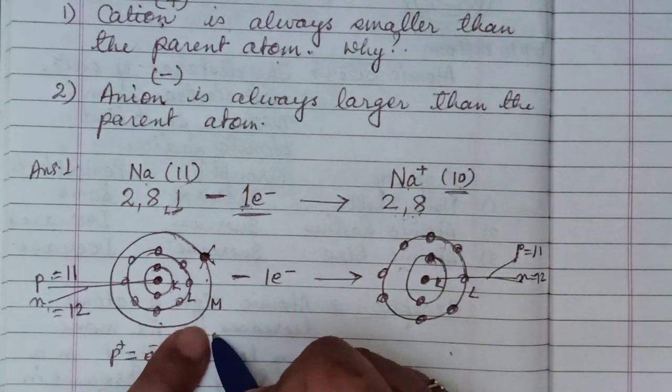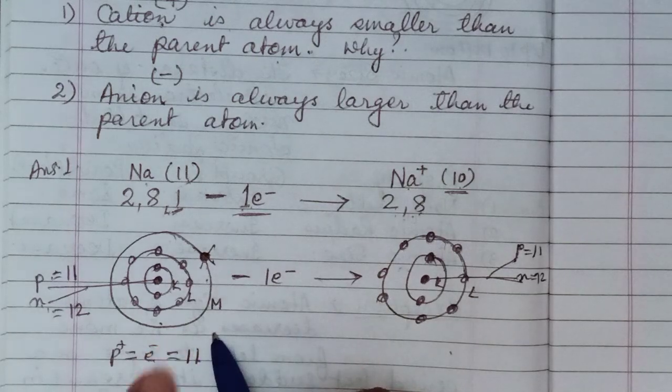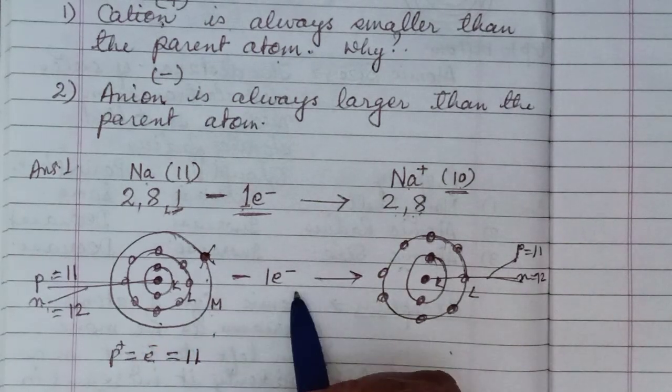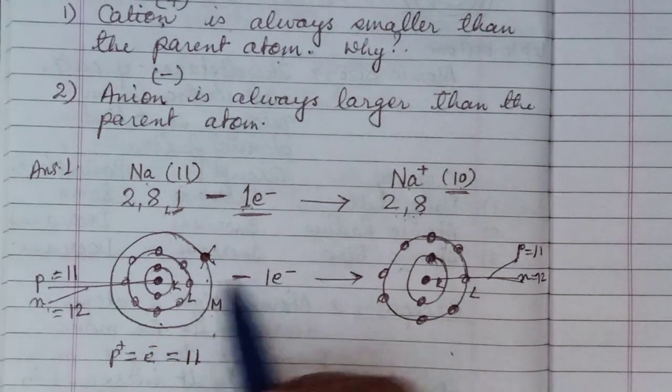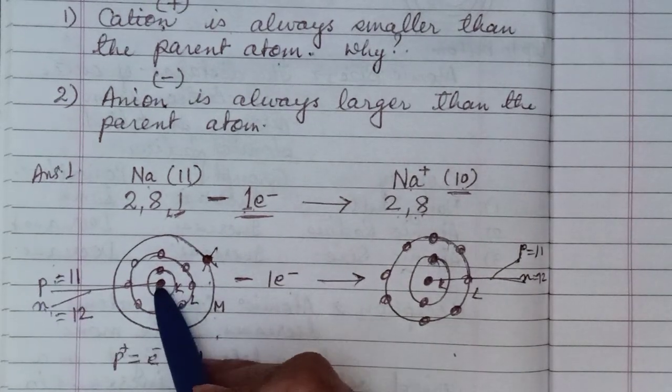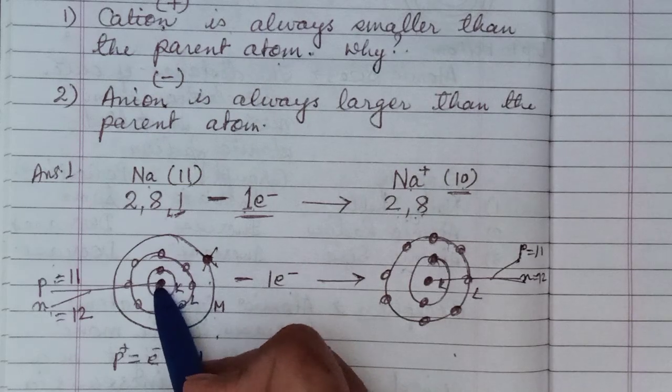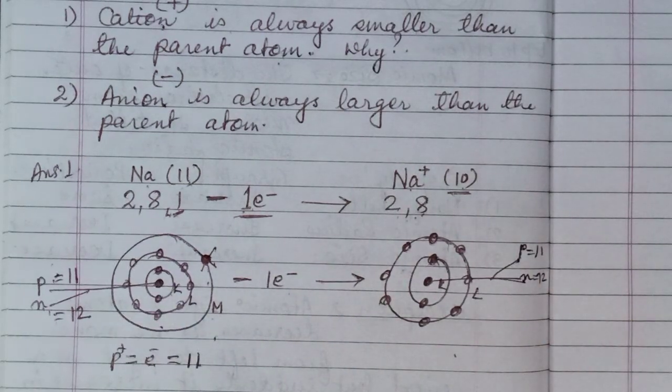That means we can only change the number of electrons of an atom, because protons and neutrons are present in the nucleus. We never change the number of protons and neutrons. Only the number of electrons can be changed. Either we can add electrons or we can remove electrons.